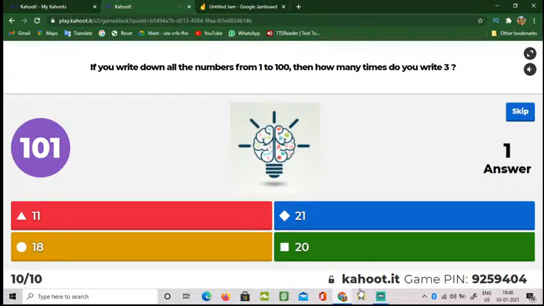The hint here is, if you count all the units digits where 3 comes, and all the tens digits where 3 comes, you'll get the answer. I've got only one answer still. Yes, I've got a second answer.